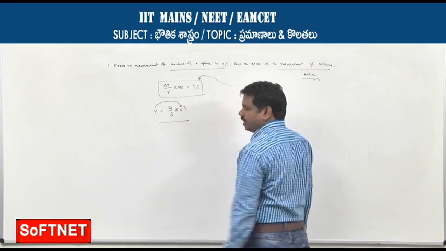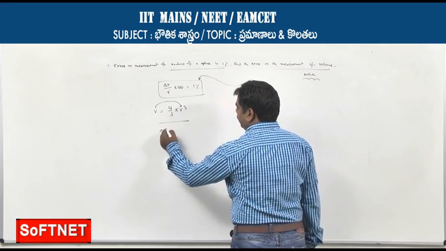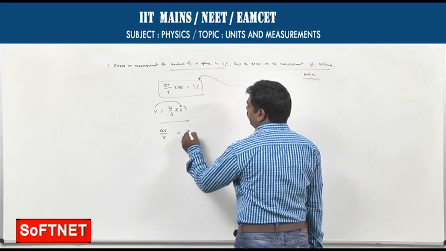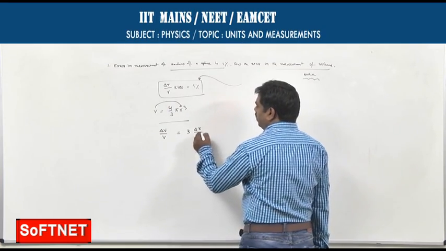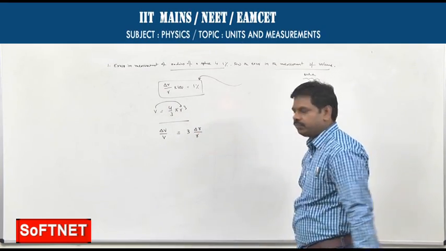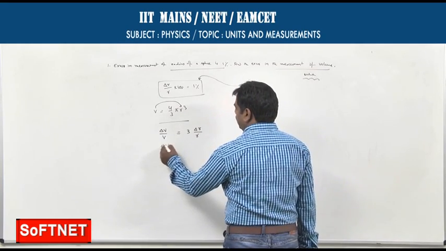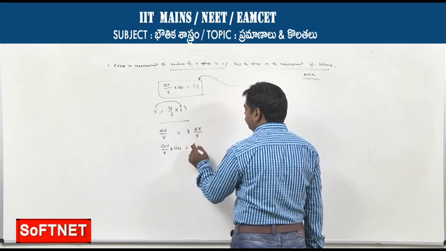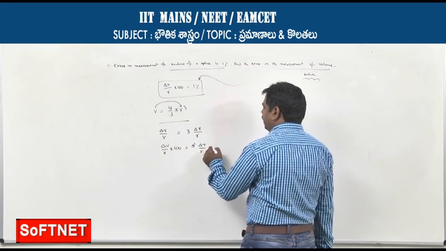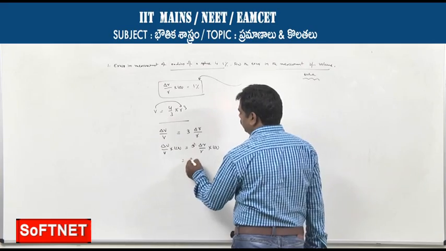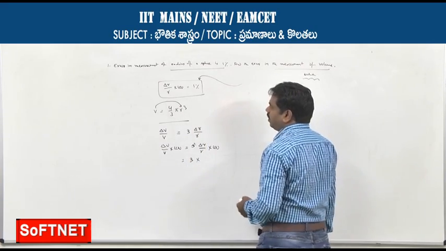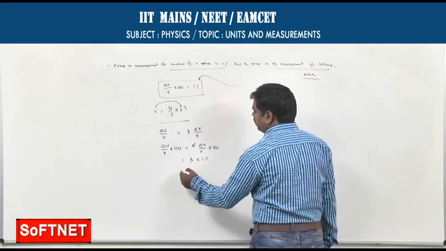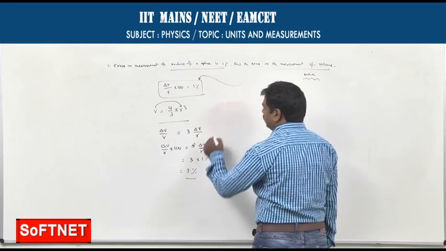When this is raised to a certain power, then the relative error can simply be written as delta V by V is equal to 3 into delta R by R. So I will write this as delta V by V into 100 is equal to 3 into delta R by R into 100. That is equal to 3 into 1%, that is 3%.